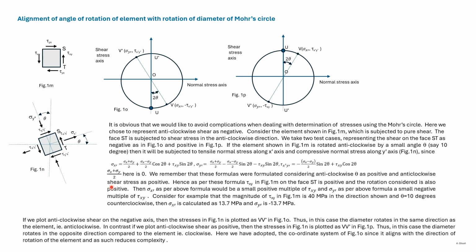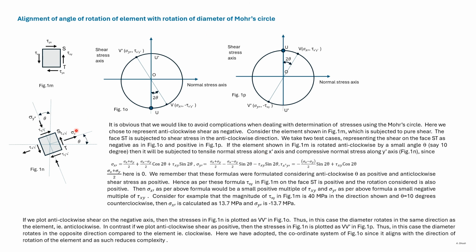One would remember that these formulas were derived considering anti-clockwise shear stress as positive. So tau xy here is positive. Sigma y dash will similarly be given as a small fraction of tau xy, but would be negative in sign.